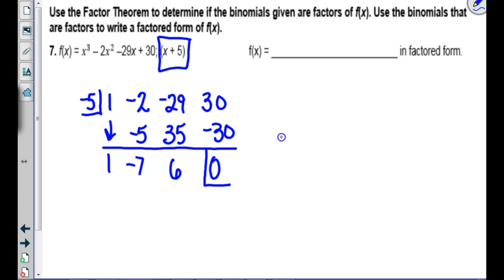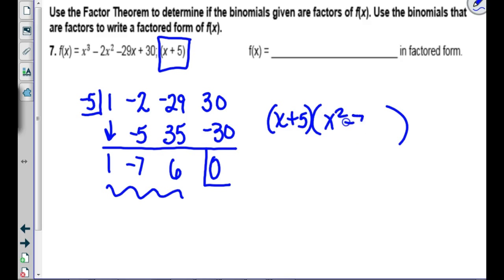Right now we have a factored form that would have what? Anybody tell me what we have so far? We divided in x plus 5, and what's left? Everybody good with where we got that? Can we finish factoring?